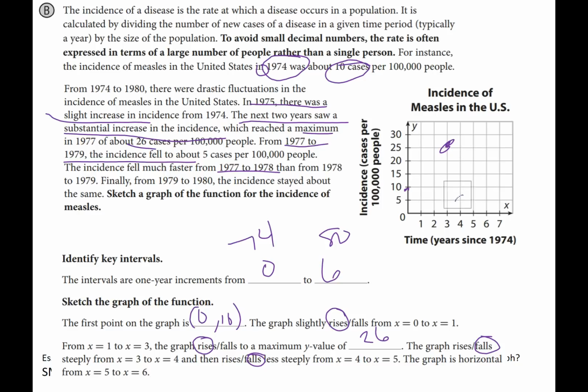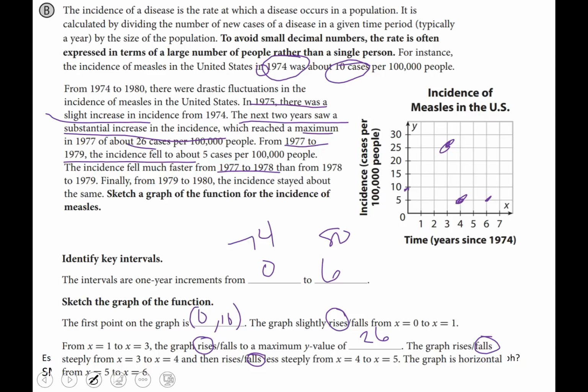What's going on? So there's my 1 dot, and then it should be falling again a little less steeply. From 4 to 5. 5 cases per 100,000. So here, and then the graph is horizontal basically from 5 to 6.